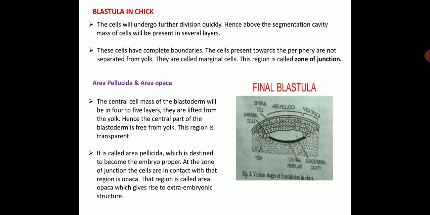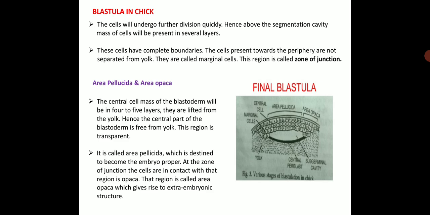Hence the central part of the blastoderm is free from the yolk and this region is transparent. That is what we call the area pellucida, which is destined to become the embryo proper. At the zone of junction, the cells come in contact with the region we call the area opaca, which gives rise to extra-embryonic structures.